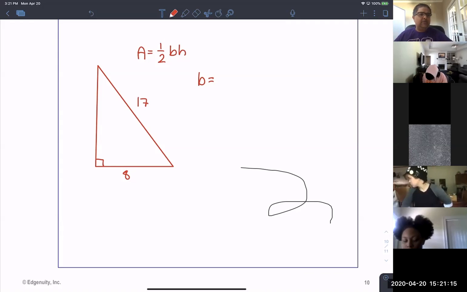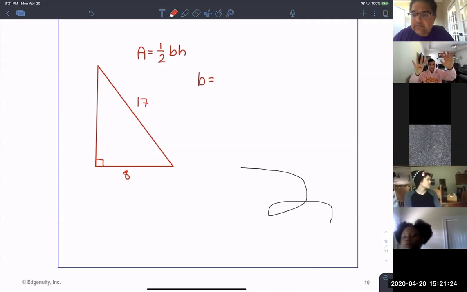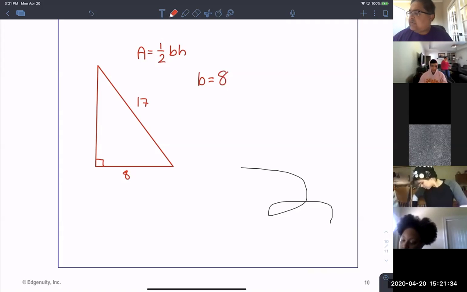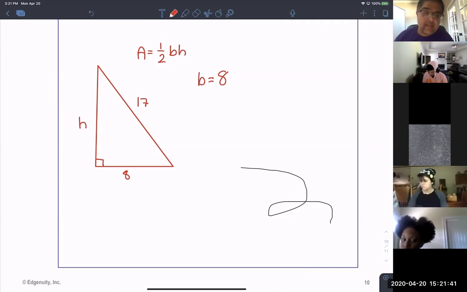Which one of these numbers is my base? Eight. Okay. Now, remember, 17 is not the height because 17 is not perpendicular. This thing is my height.